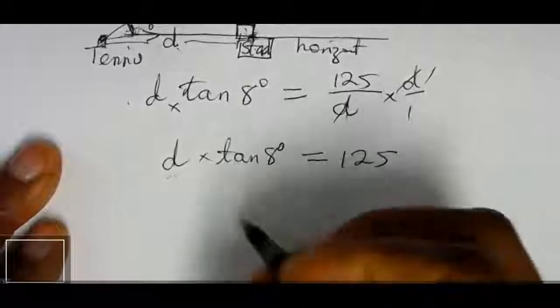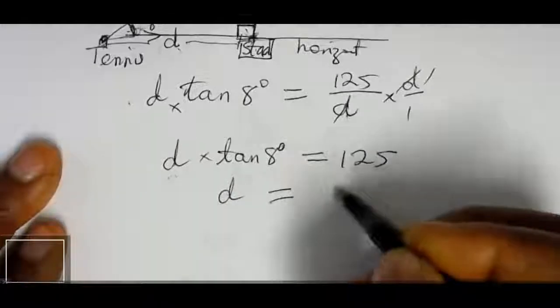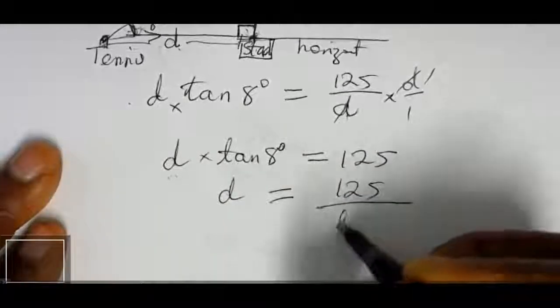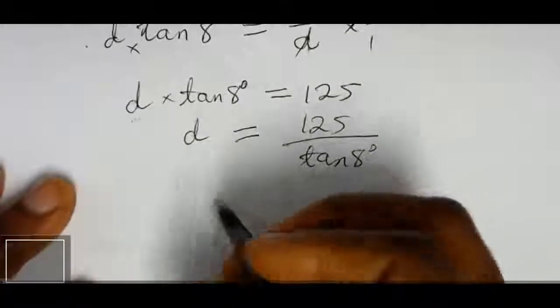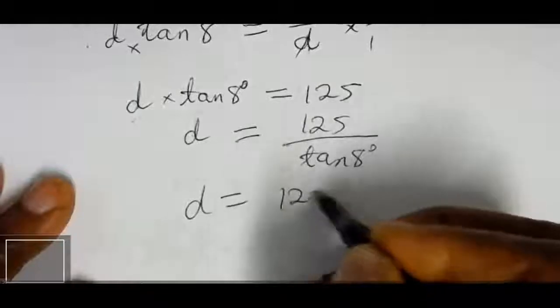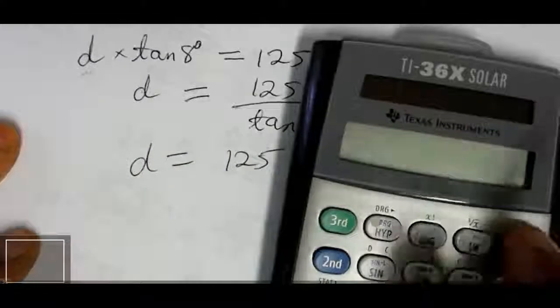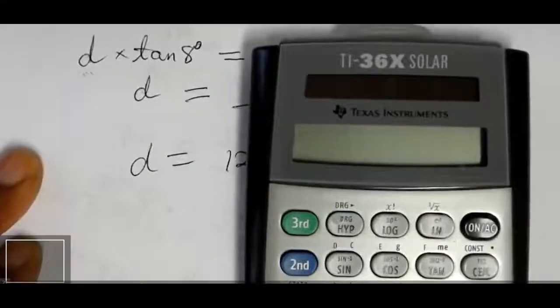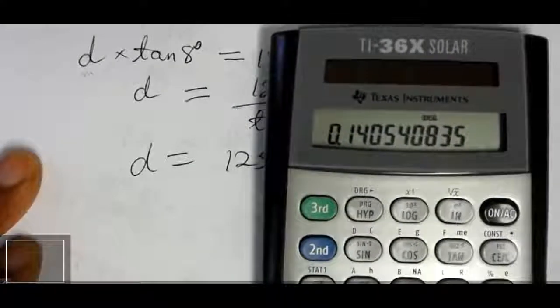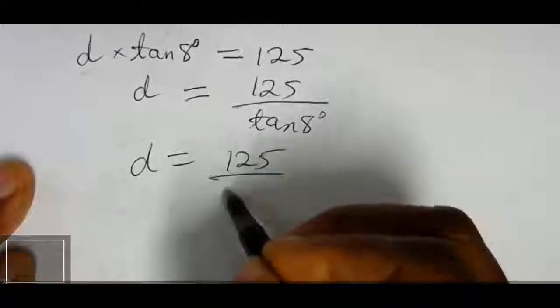These are held by multiplication, so we divide both sides by tan 8. That gives us 125 over tan 8. Find tan 8 with your calculator: 8, tan, 0.1405.